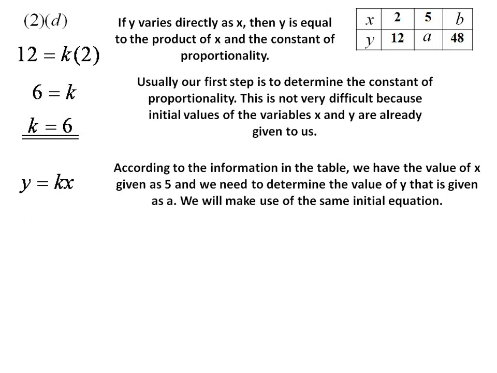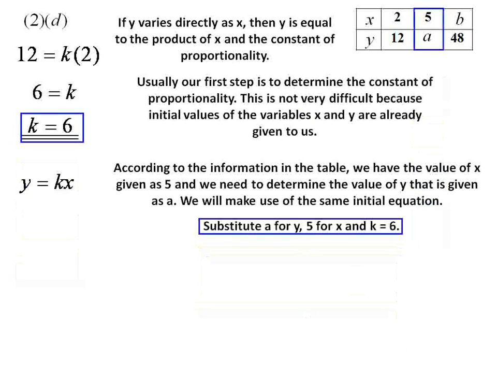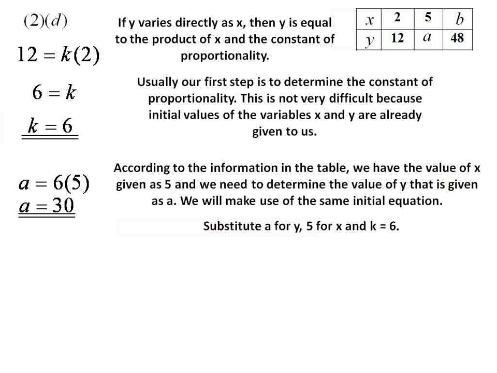So y is equal to kx. Substitute a for y, 5 for x, and k is equal to 6. A is equal to 6 multiplied by 5, and that is equal to 30. There is no difficulty with that.